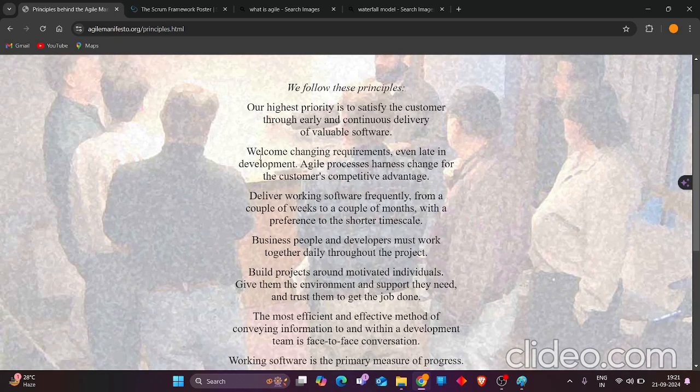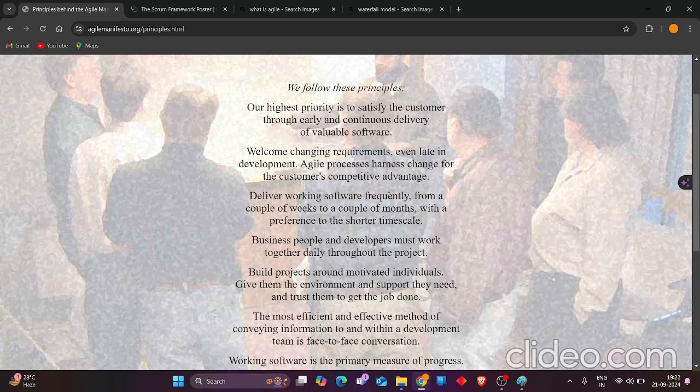Second principle: welcome changing requirements, even late in development. Agile processes harness change for the customer's competitive advantage. This principle explains that if a client requests a change at the last moment, the development team should not be depressed.